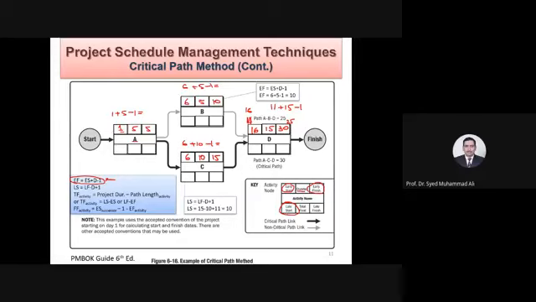In fact, we do it the other way. You see this activity A, it finishes on what date? When does A finish? 5. Day 5. You will not want to get it delayed from day 5.